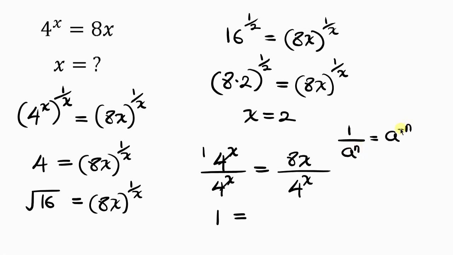So the exponent becomes negative. And that is what we're going to do here. So I have 8x. Now as 4 to the x becomes an exponent, it becomes 4 to the negative x. Let's move on to the next slide.